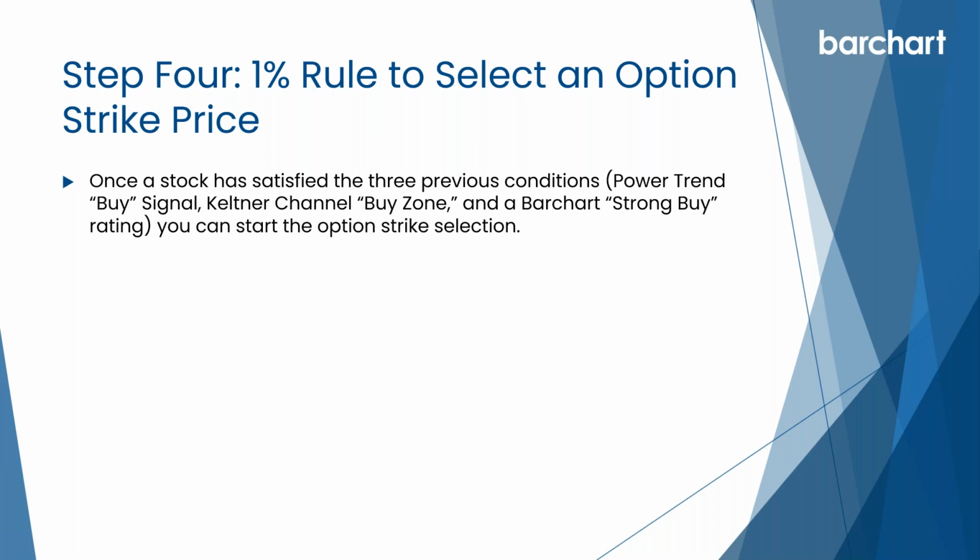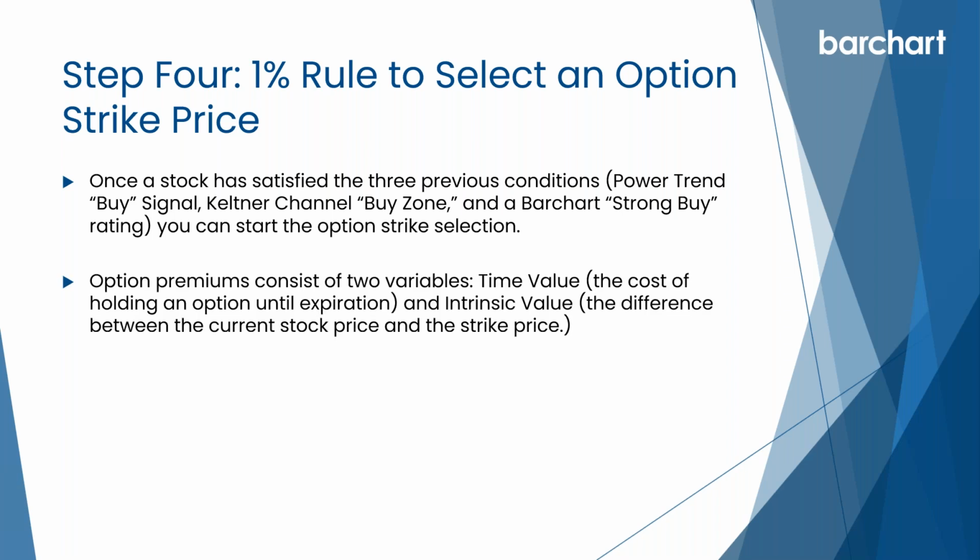Your buy power trend buy signal, that again above the 10-month moving average. You want to be inside of the Keltner channel. That's your buy zone. And you want to confirm with, let's say, an intermediate and a short-term momentum using the Barchart indicator. So now we can start that option selection.